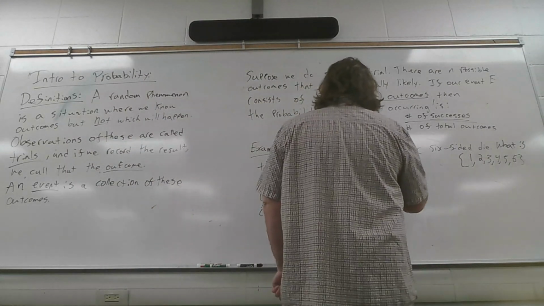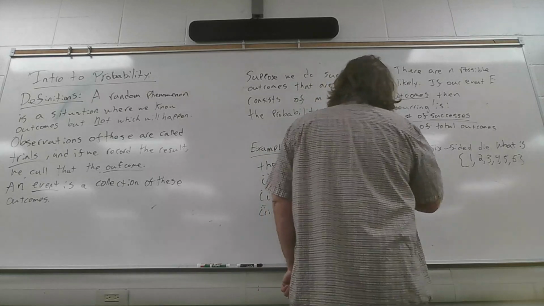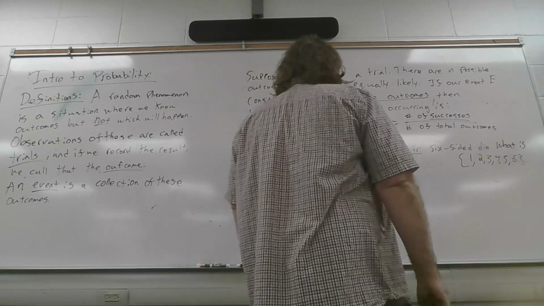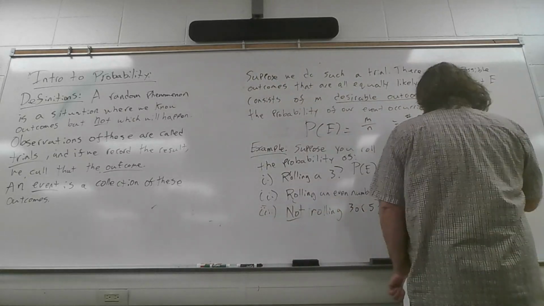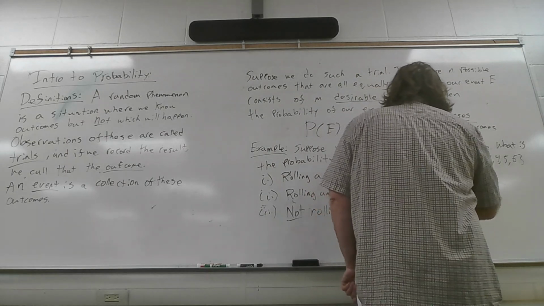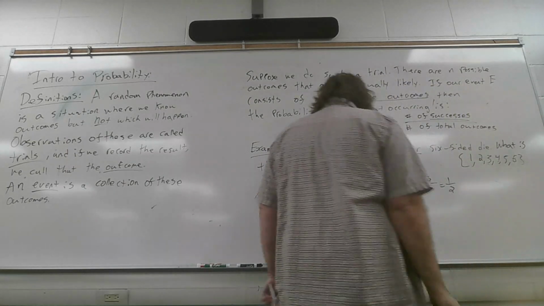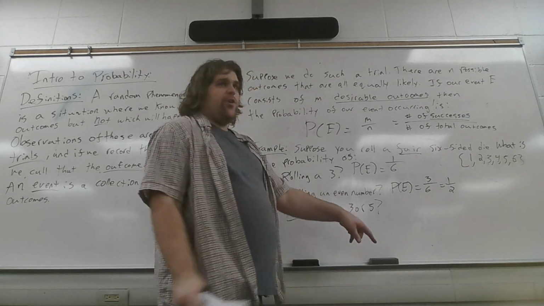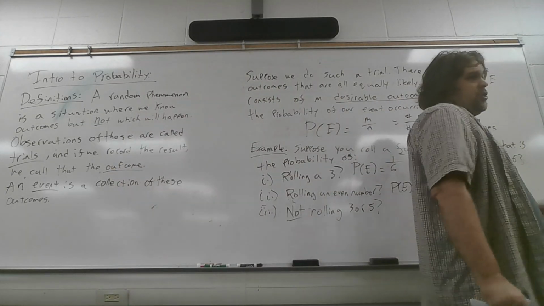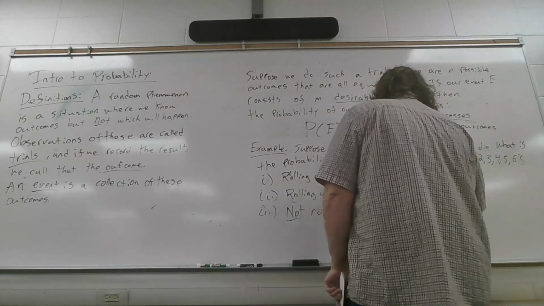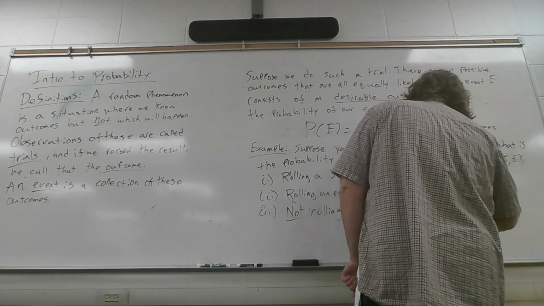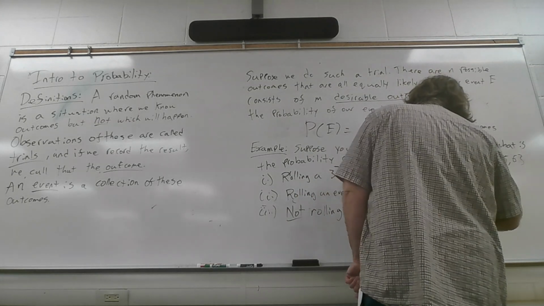So the probability of that happening is 1 out of 6, because there's 6 total outcomes. Rolling an even number, 2, 4, or 6. So the probability of that happening is 3 over 6, or 1/2. Not rolling a 3 or a 5. So that means it's 1, 2, 4, or 6, right? It's not a 3 or a 5. So the probability of this happening is 4 out of 6, or 2/3.